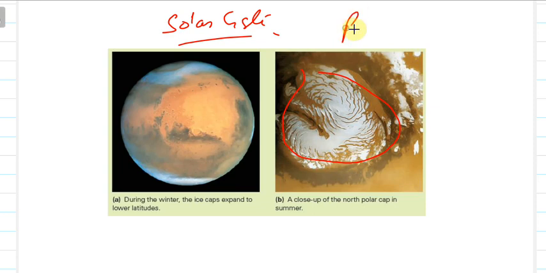Polar ice caps, right? So you can see this is present at the north pole of Mars. And आपको पता होगा कि in future humanity may terraform this planet, and the most common proposal is that we are going to terraform it by nuking these ice caps.